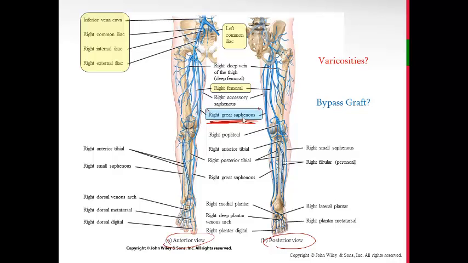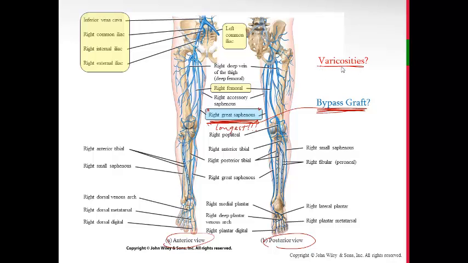The great saphenous vein is the longest vein. And this is the region where, if you have any bypass graft and need to take a section out from the vessels, this is the vein that they will be targeting, and then take a section out of it to put it somewhere else for a bypass surgery and grafting.